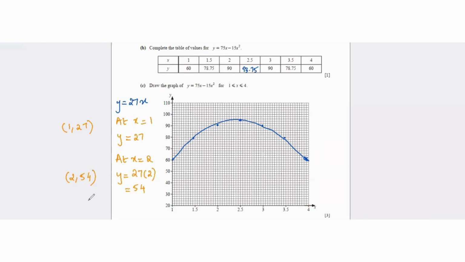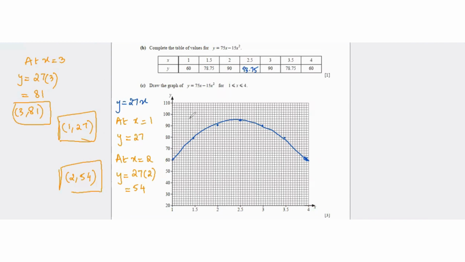And then we can pick another point at x equals 3, and that would be y equals 27 times 3, which is 81. So 3 and 81. So we have 3 points, and these should be enough.